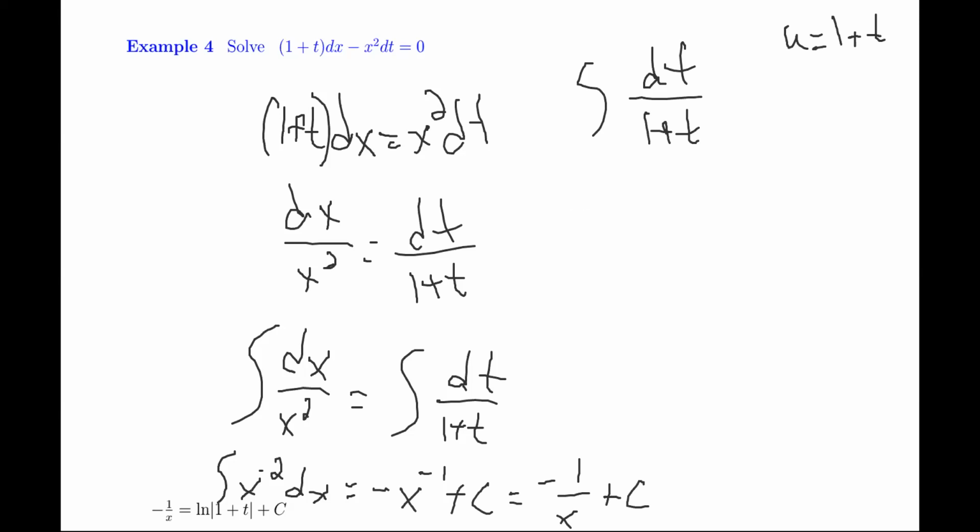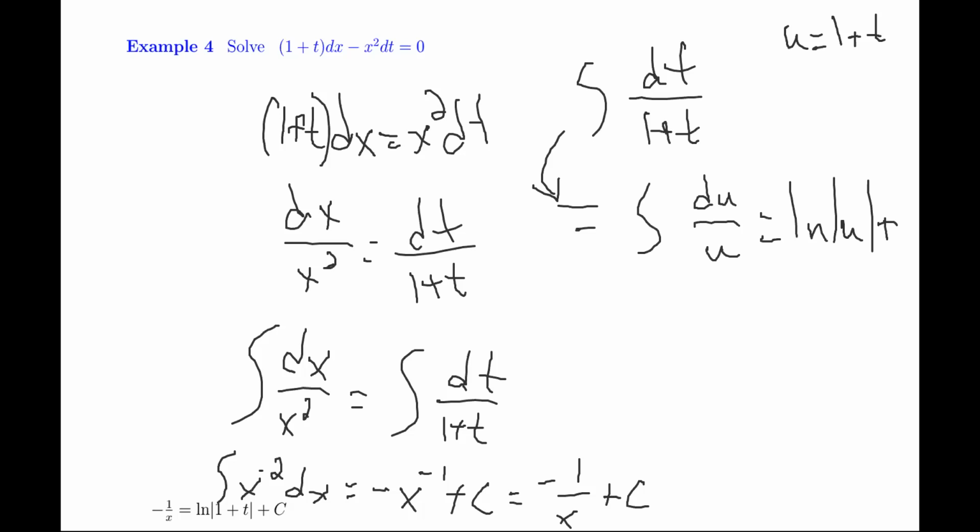So we can rewrite that as the integral of du over u, which is the natural log of the absolute value of u, plus c, which is equal to the natural log of the absolute value of 1 plus t, and then of course plus some constant c out at the end.